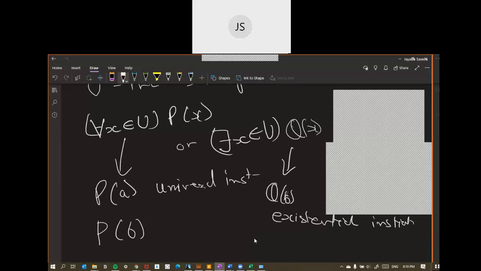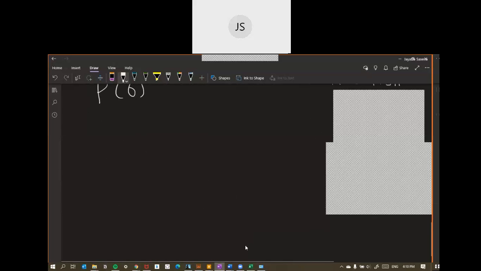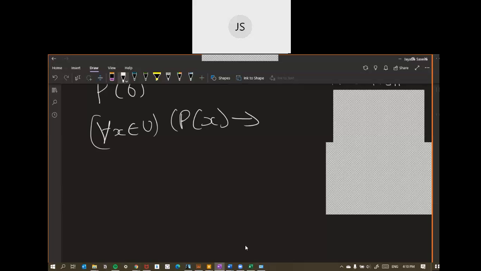So let me try to do a very simple example argument here. Let's say we're given for all x belonging to the universe, P(x) implies Q(x), if P(x) then Q(x). This is our first statement. And then we have there exists x in U such that P(x).